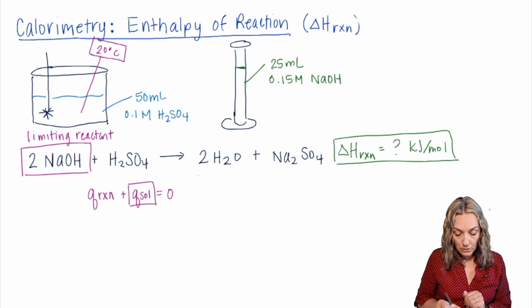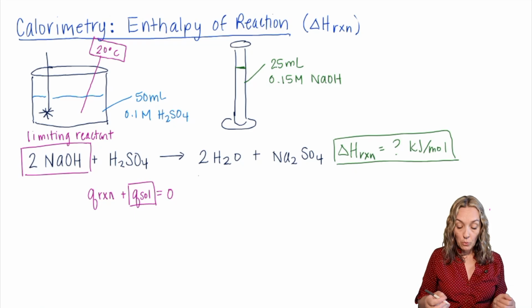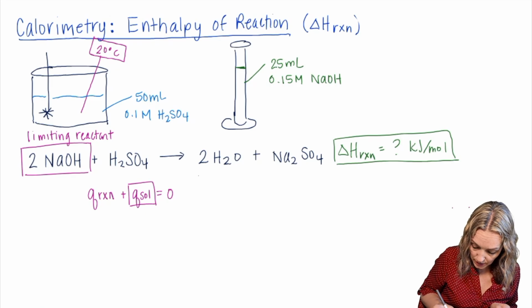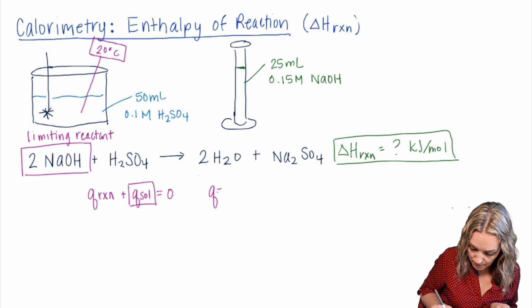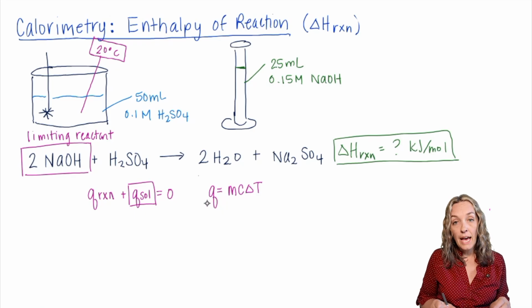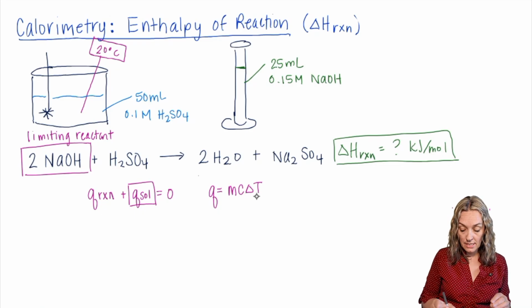That solution around the reaction is water-based because our solutions are water-based. So we can find the Q of the solution using the equation Q equals mc delta T. In this equation, Q is heat in joules, m is our mass, C is our specific heat capacity, and delta T is our change in temperature.